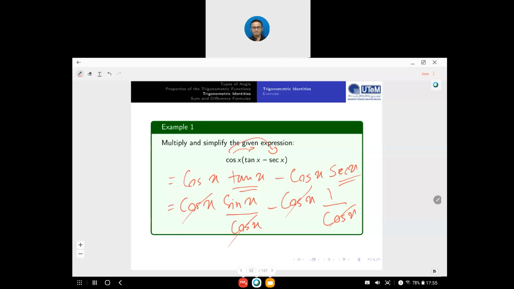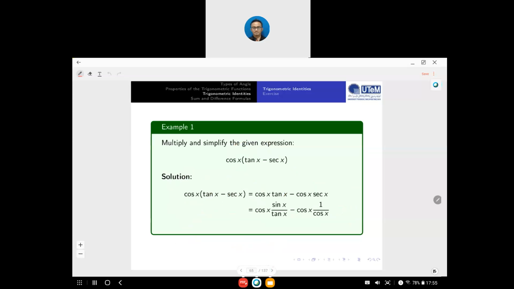So what is the rest? The rest is sine x minus 1. So this is the simplification, the simplest answer you must give. So you get sine x minus 1. So that one is example 1.